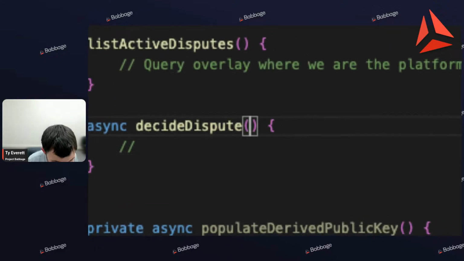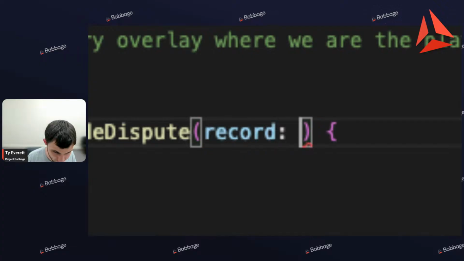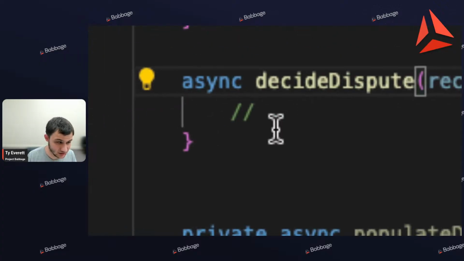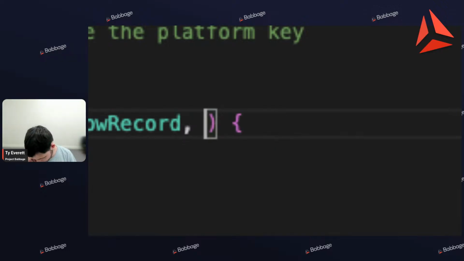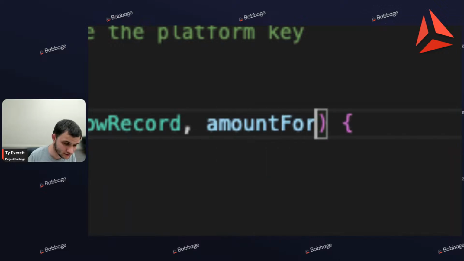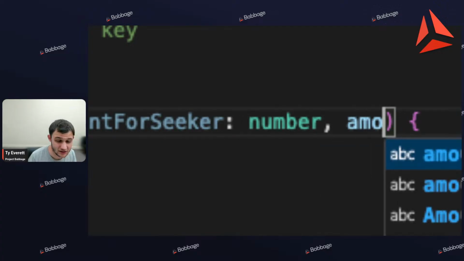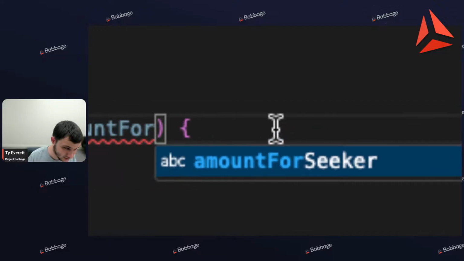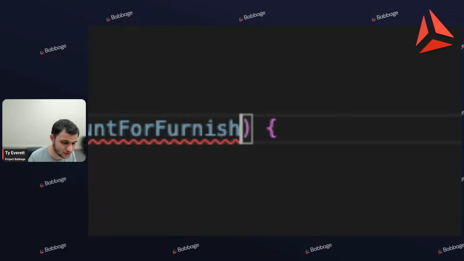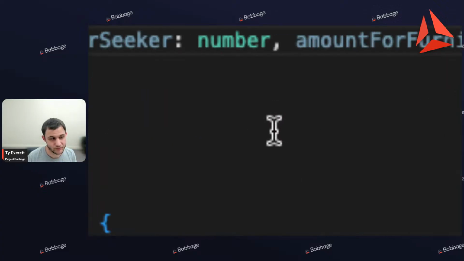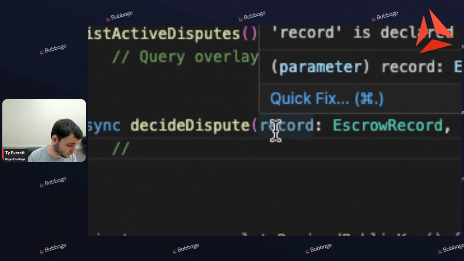So given a dispute, see, amount for seeker, amount for furnisher, disputing party.